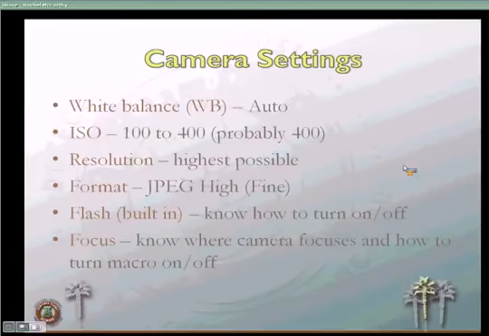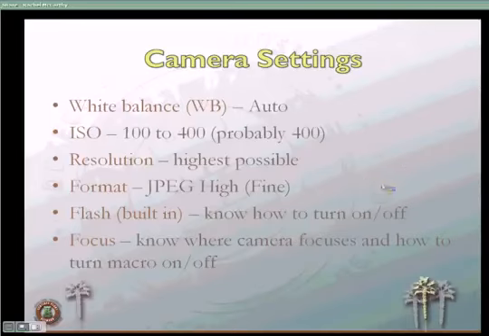On some cameras it's a little difficult to turn off, but there should be some kind of setting where you can do that. So make sure you know how to do that. And then focus, which we're going to talk about in a minute. You're going to want to find out where your camera focuses. Of course, it's important. You want the picture to be as sharp as possible, and you don't want to be focused on something that's not important in the picture.